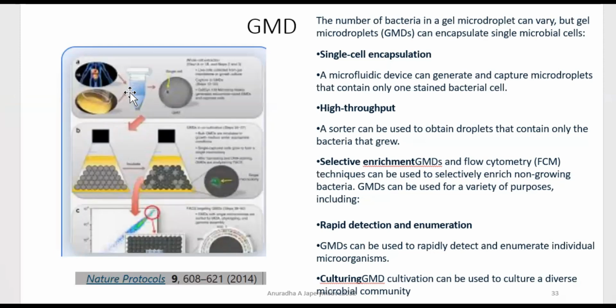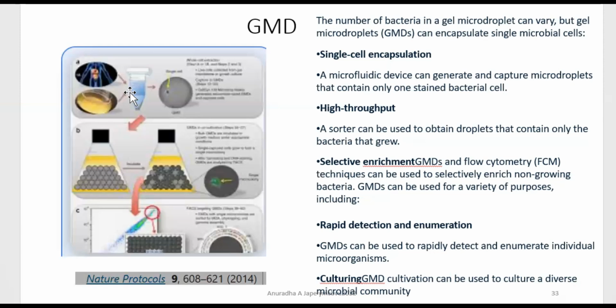And for each bacterium you are preparing the microdroplet, and then it will be passing through, and each of these beads you are going to study further. May it be sequencing, may it be phylogenetic studies ahead, etc. Right. And then the bacteria of your interest can be traced back.